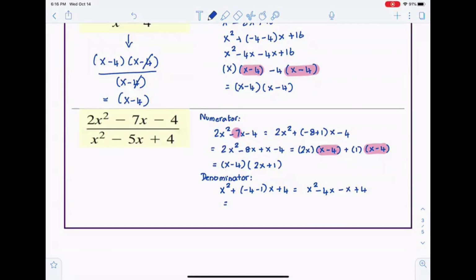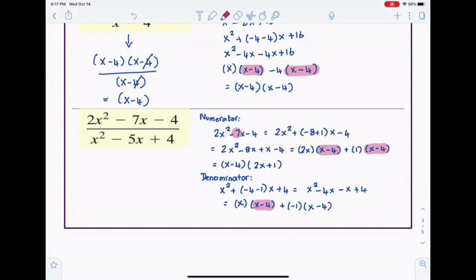I have an x in common in the first two terms, so if I pull that out, I get x minus 4. Now, whatever factor I have here must appear in the second term so that I can pull it out, just like the numerator part. I had x minus 4 in common. The only way to get that is by pulling a -1 out. So if I pull -1 out, I would have x minus 4.